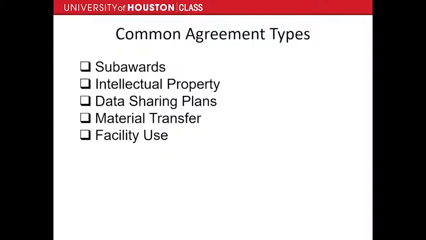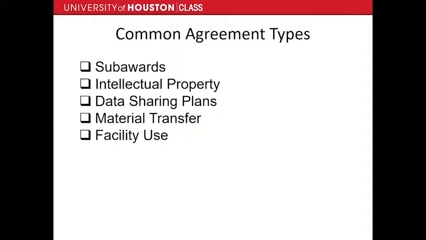So essentially what a subaward is, basically, say you have the prime institution. Let's say U of H is the prime institution, and we are awarded an NIH grant. Well, we want to transfer some of that work to another institution, say maybe UT Health Science Center, maybe because they have the capabilities to do part of the work that we don't. That constitutes a subaward agreement.